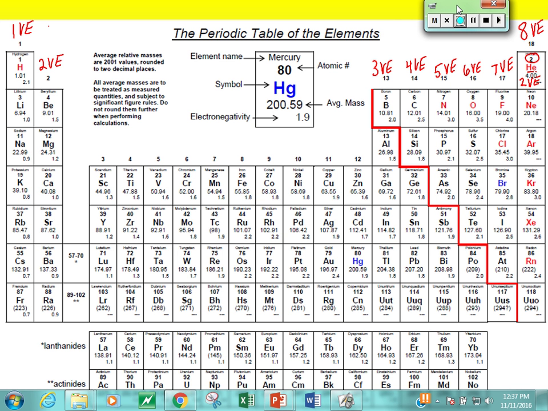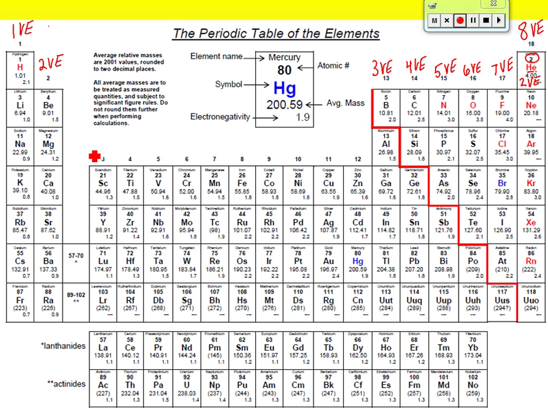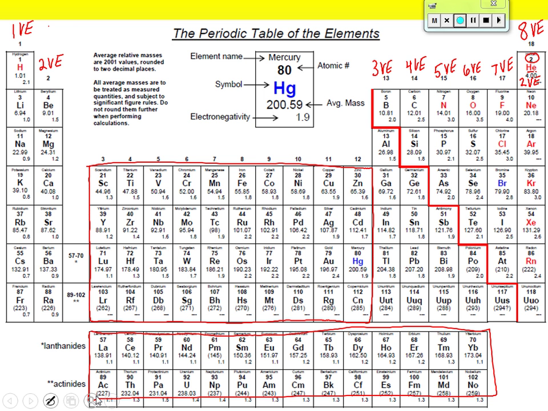And then we skipped over a big block of elements right here, groups 3 through 12. And we also are not going to say anything about this block of elements down here.